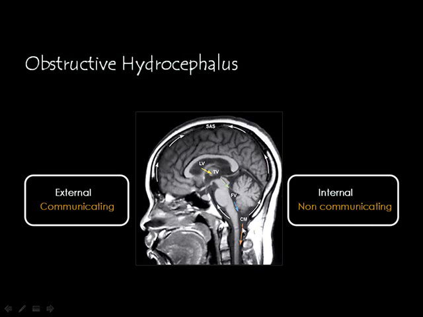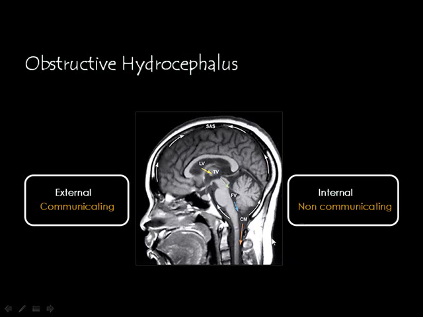That is to say, the obstruction will be in the subarachnoid space, either in the arachnoid villi or in the venous sinuses where the CSF is drained. Then any obstruction at the level of the foramina of Monro, of the outlet foramina of the fourth ventricle and proximally will be considered as non-communicating hydrocephalus.